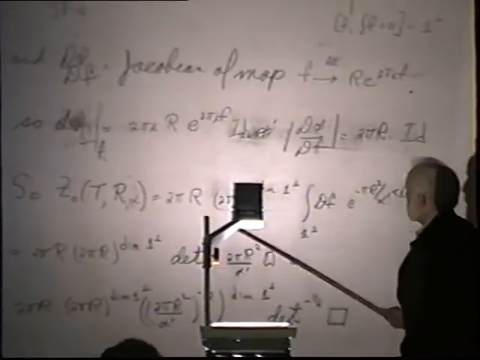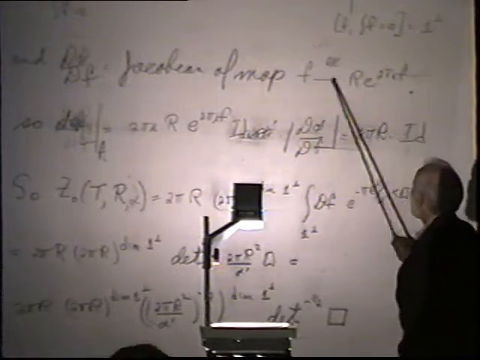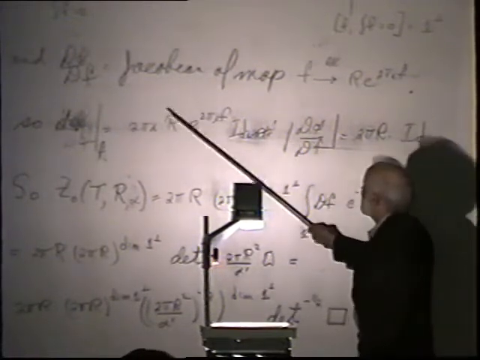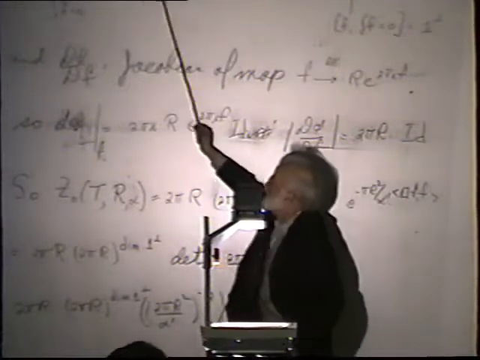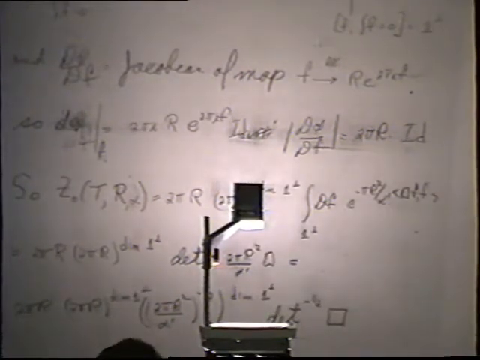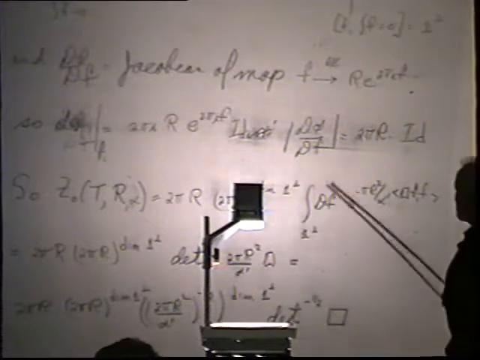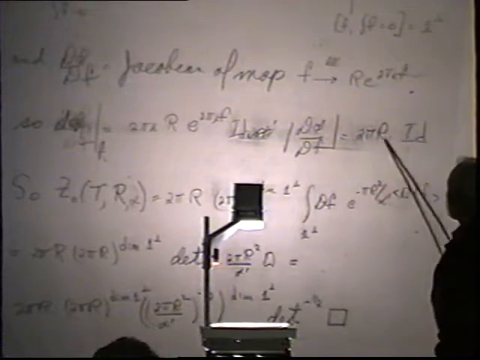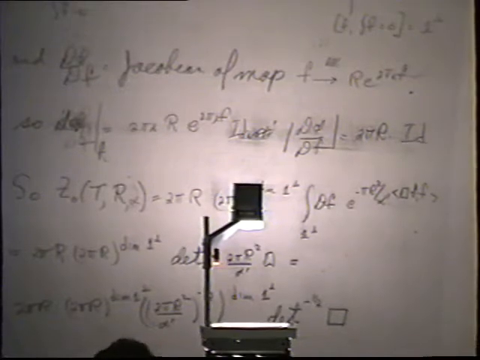We really have a map which sends f into this expression, and we want to replace d phi by df, so we need the Jacobian of the map. We compute what the Jacobian is. It's constant no matter where you are for what f, and what you get is 2 pi r times the identity map.